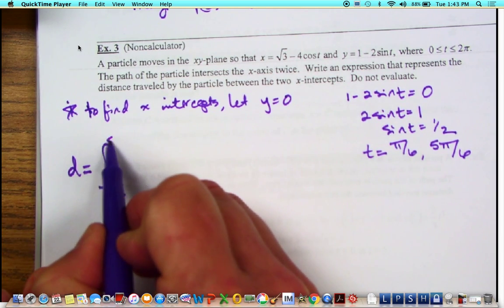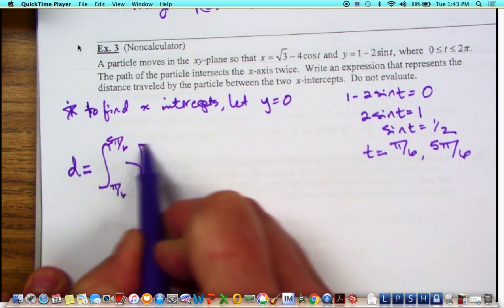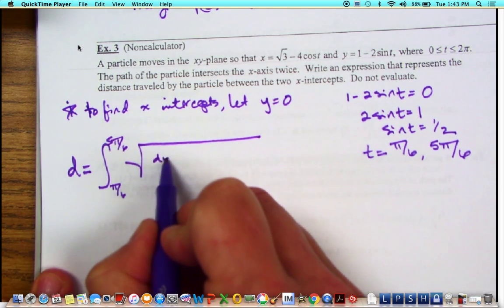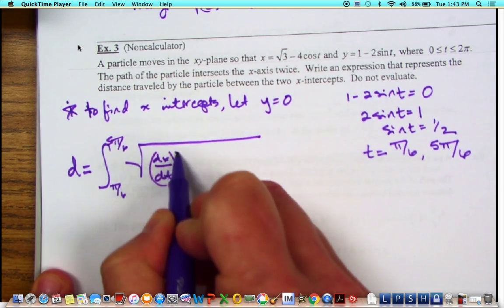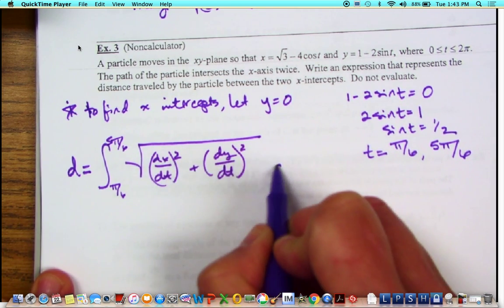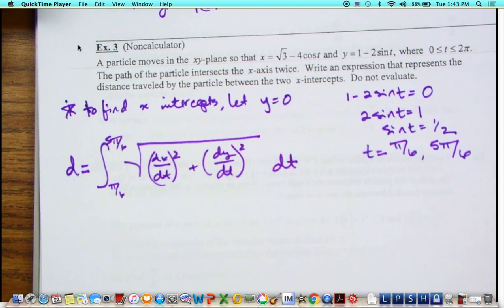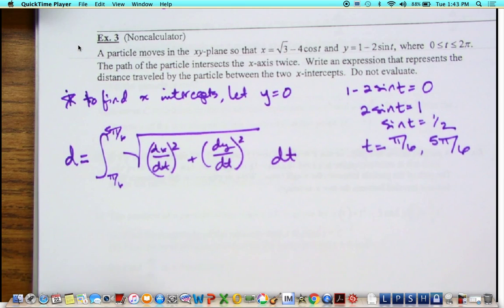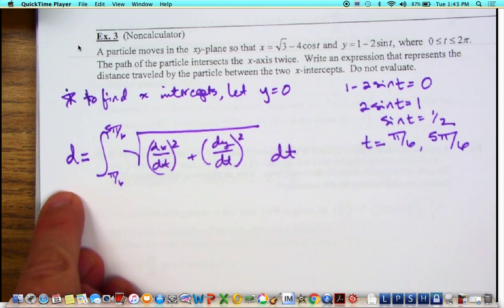Pi over 6 to 5 pi over 6 of the square root of, and then remember, I'm going to insert this step. You don't have to if you don't want to, but I'm going to put it in so that you remember what it is that we're doing. I have to integrate the velocity, right? In order to get distance traveled.